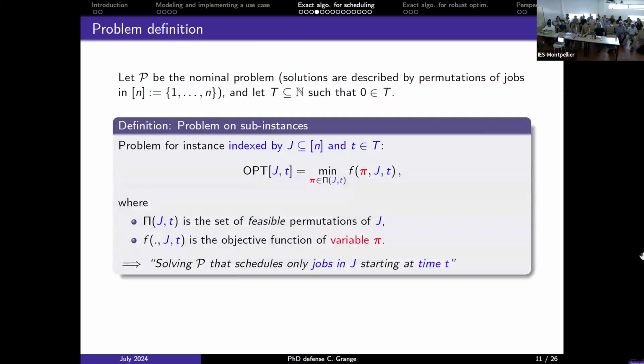Okay, so because I want to solve my initial problem P with dynamic programming, I need to define it on subinstances. So each subinstance is indexed by two things.